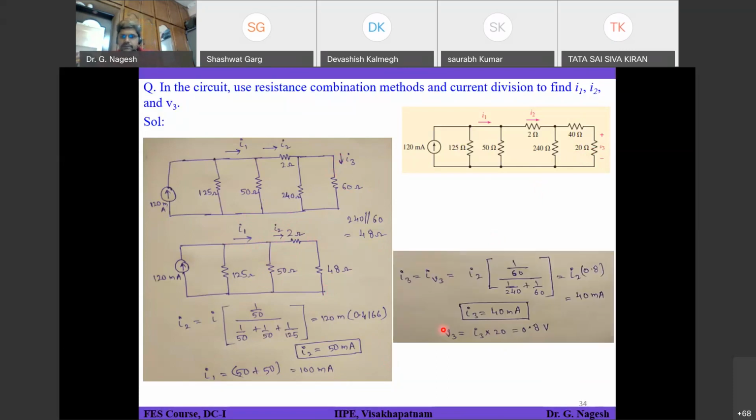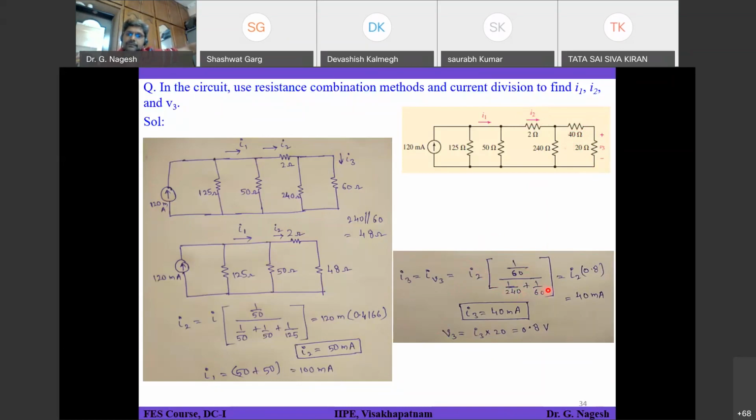So how to find that? I am trying to find out current flowing through this branch. This 40 and 20, that is 60 ohms combination. I know current I2. So total current into inverse of that particular resistor: 1 by 60 divided by 1 by 240 plus 1 by 60.